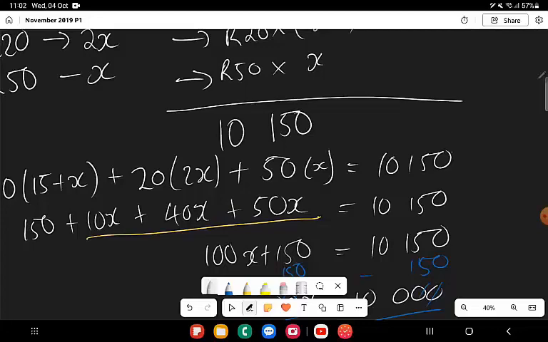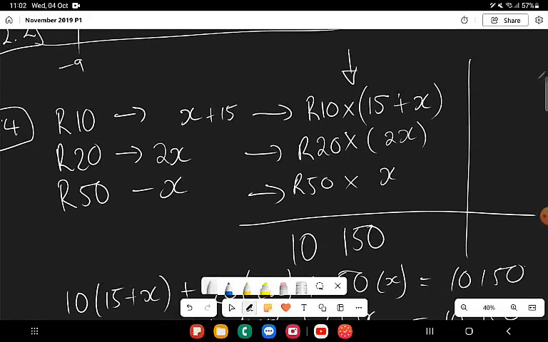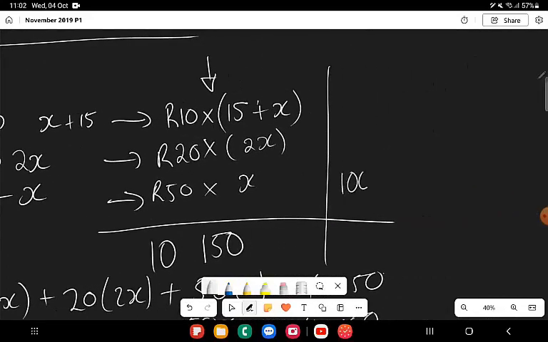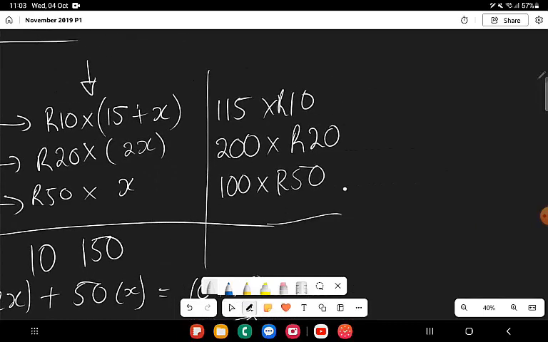Now, if I go back to my table, I am now able to say that I have got 100 50 Rand notes, 2 times 100, which is 200 20 Rand notes, and I have got 115 10 Rand notes, and that should give me my total.